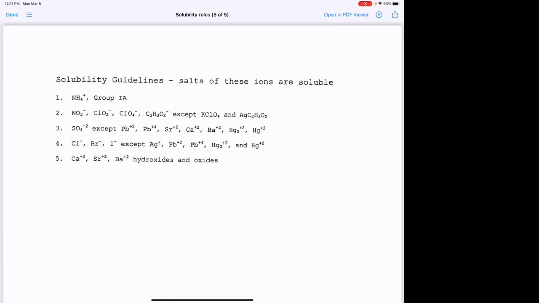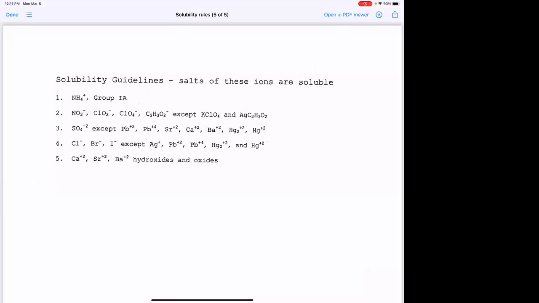So we start with 1, and if that satisfies our ability to define whether something's soluble or insoluble, we're done. If that item doesn't apply, we go to 2. If that doesn't apply, we go to 3. If that doesn't apply, we go to 4. If that doesn't apply, we go to 5. And if none of those work, then the assumption is that the species is insoluble. So that's how the table is going to work.